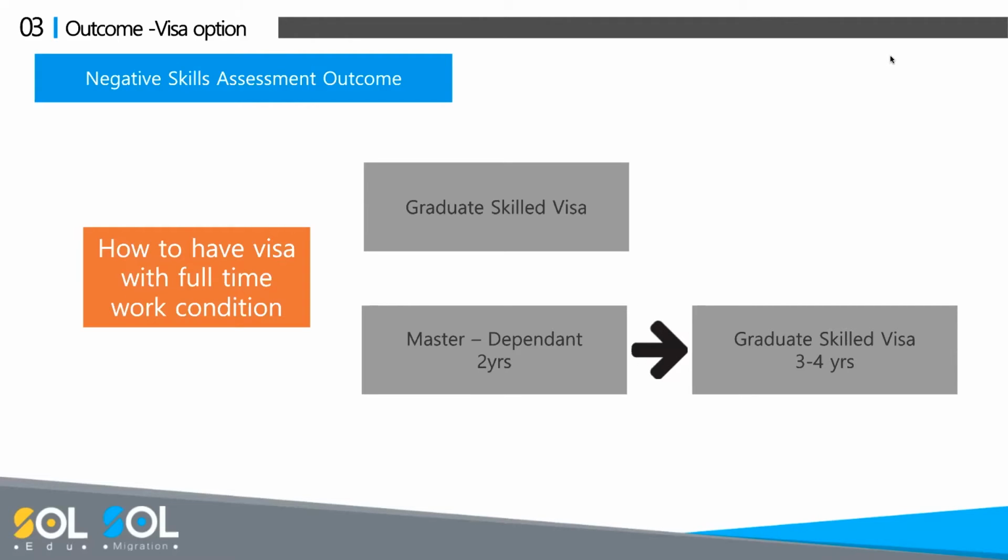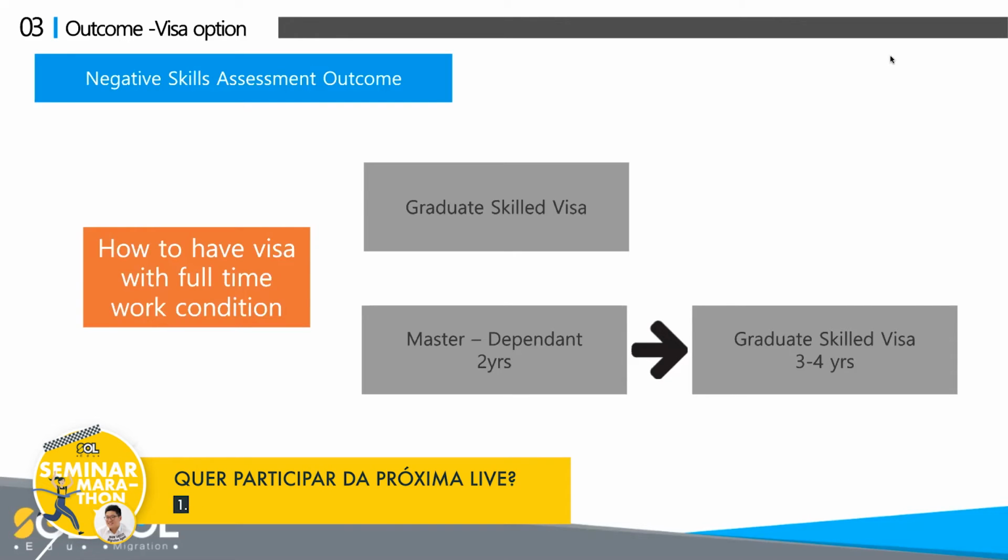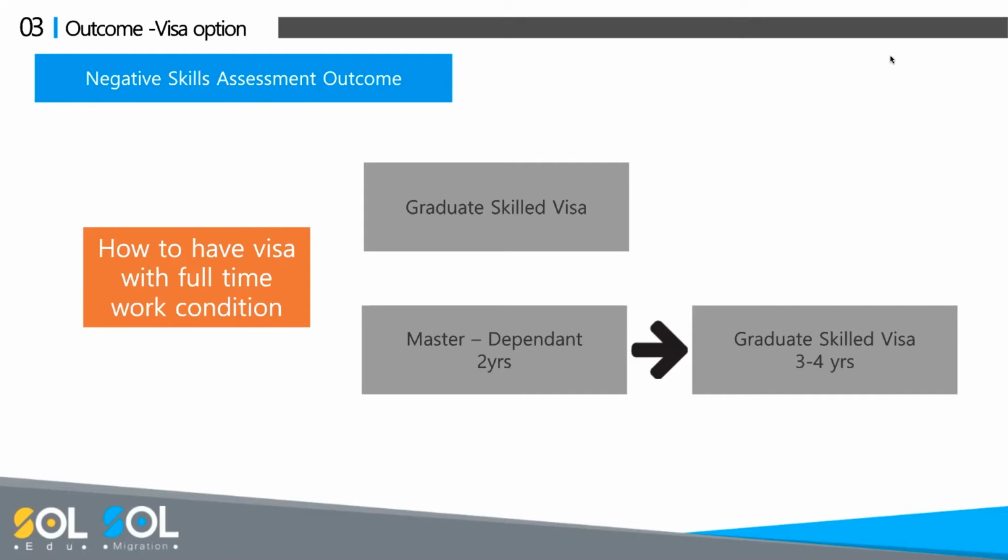Study again means that if you still want to stay with the engineering occupation, then you better go back to the EA, Engineers Australia homepage, and find the university and accredited course list. Then apply to those universities and complete the course, and then you can automatically complete the skill assessment successfully because it's under the accredited course list.